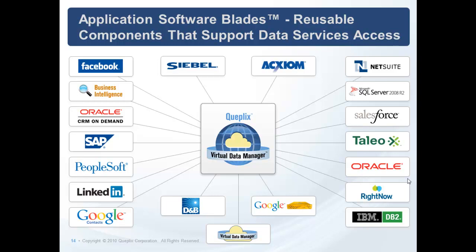Application software blades are the reusable components that support the data services access, and they abstract away everything about the proprietary nature of the data repository, the versioning, the specifics of the API, whatever it is. It's presented as a business object layer, and this business object component is reusable. Our application software blades make it easy for business users to use the system, and you can do this without programming.